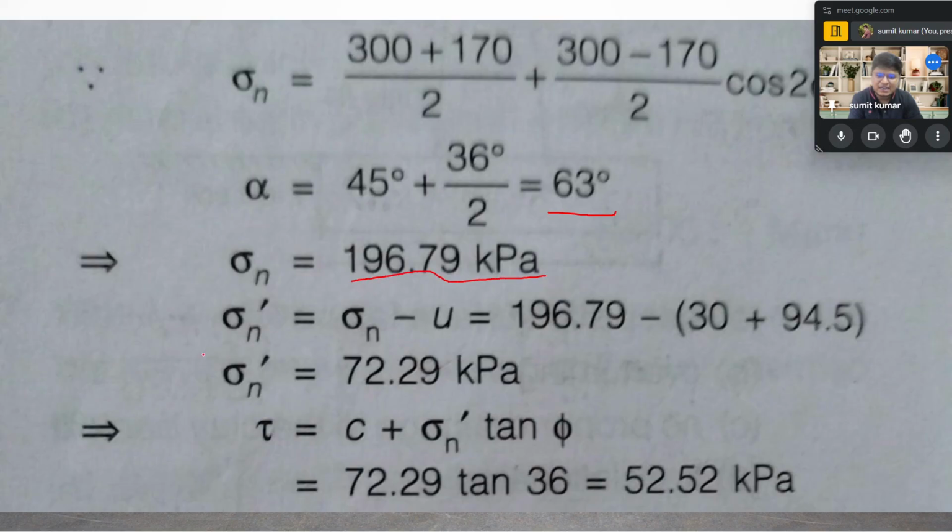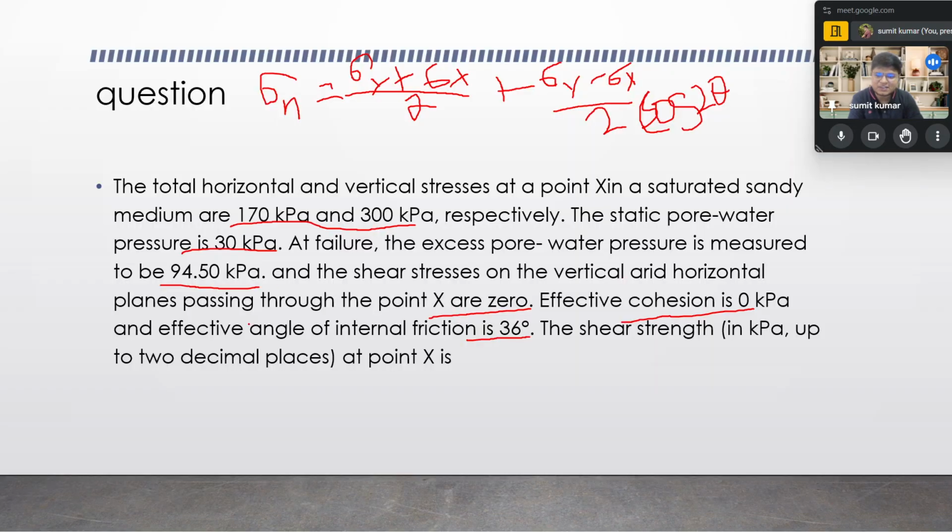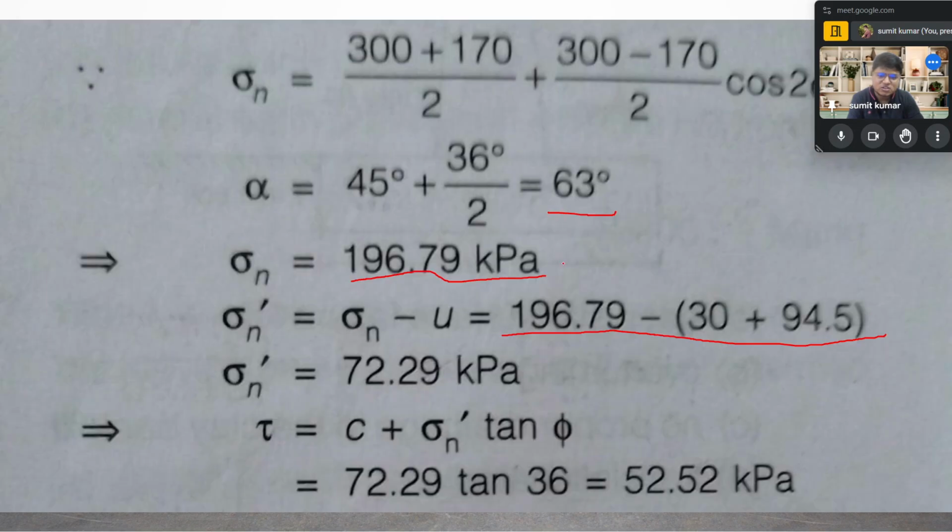196.79 kPa, and sigma n dash equals sigma n minus u, that is 196.79 minus 30, and again 94.5, which is the developed pore water pressure measured at failure, as written over here. Additionally, excess pore water pressure is developed. So we subtract 196.79 minus 30 minus 94.5, and we are able to find the value of sigma n dash.